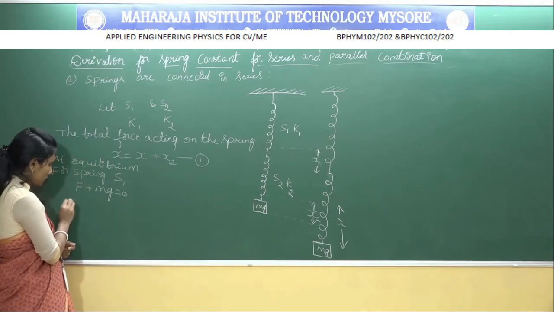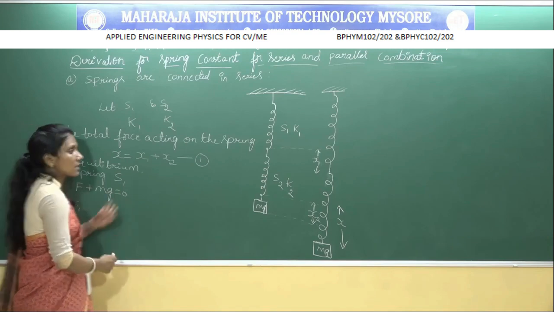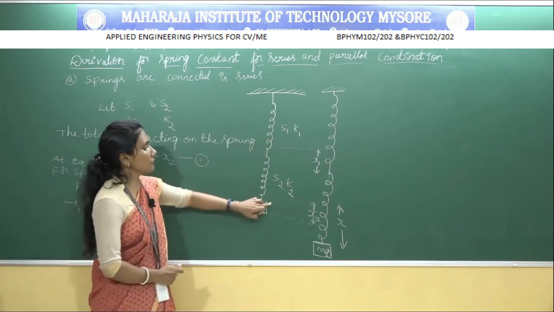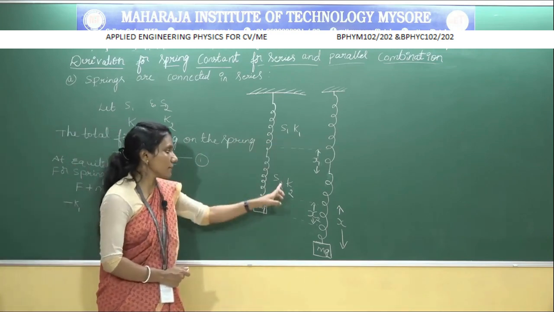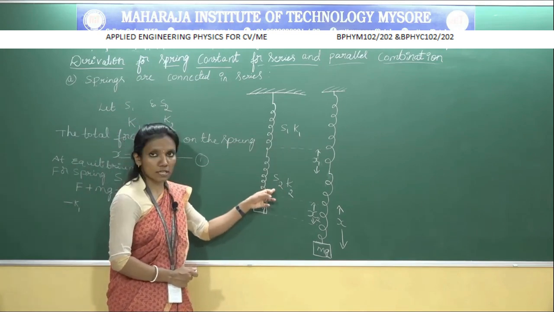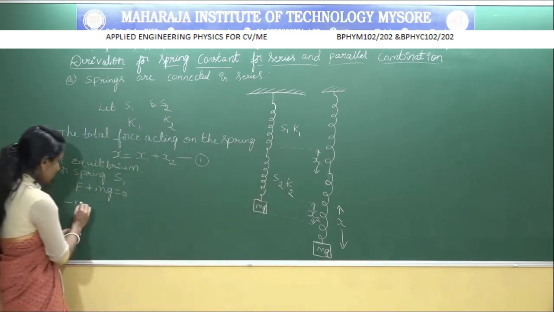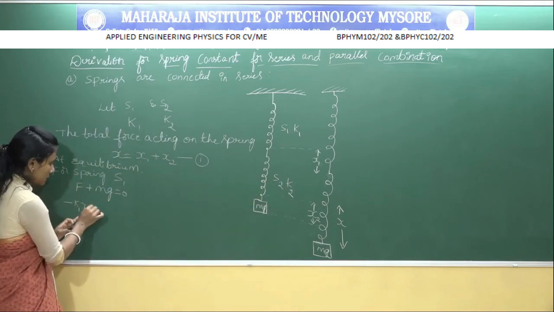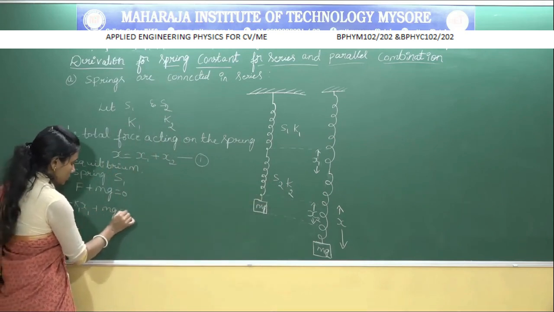And what is the restoring force? We know that it is minus K1 x1, because different springs have different spring constants. S1 has K1 and the second spring S2 has K2. So here, minus K1 x1 plus mg is equal to 0.